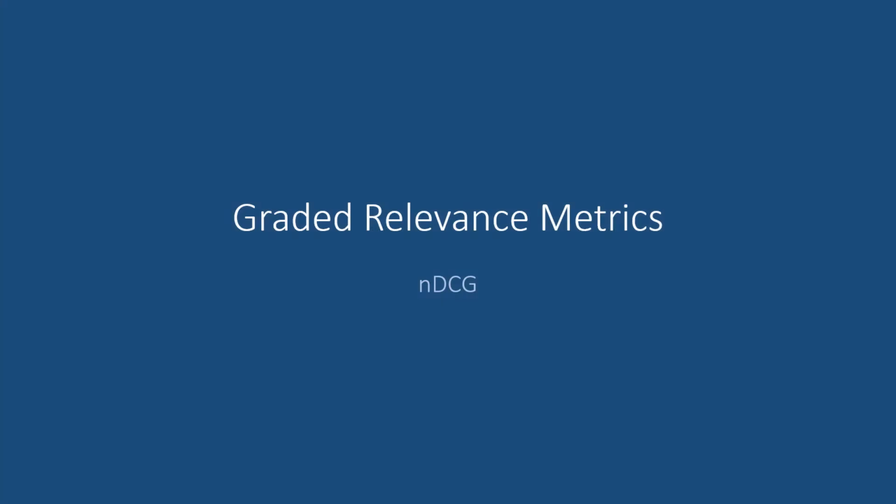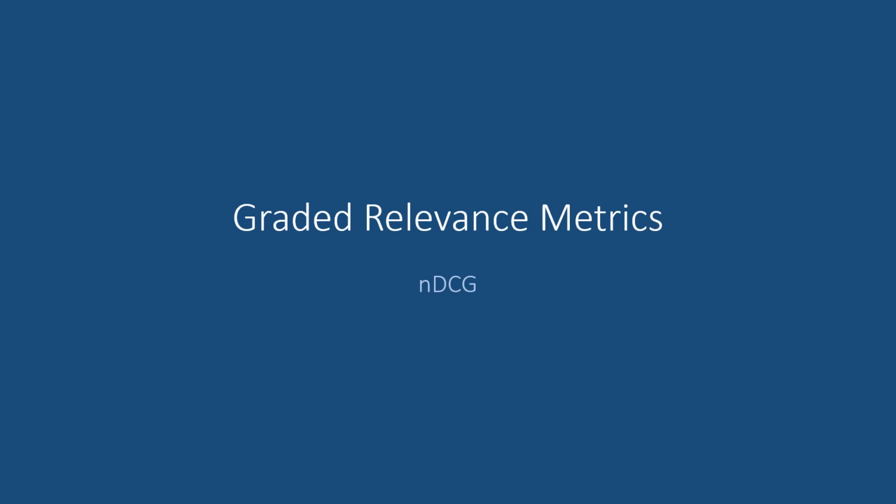For the binary relevance metrics, we kind of saw that they follow the same recipe, right? So they look at a ranked list, they value earlier positions more than later positions, but one thing that's missing in the ingredients for binary relevance metrics is the importance of relevance.